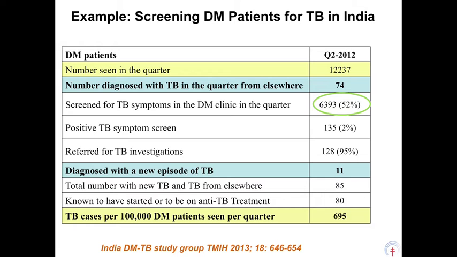And if you break this down to the usual parameters used in TB control, this is 695 TB cases per 100,000 diabetic patients screened per quarter. That's a much higher rate of pickup than usually found in the passive case-finding strategy used in that large country.